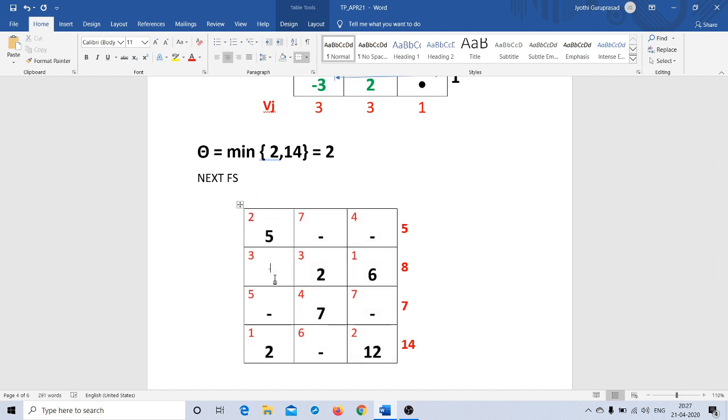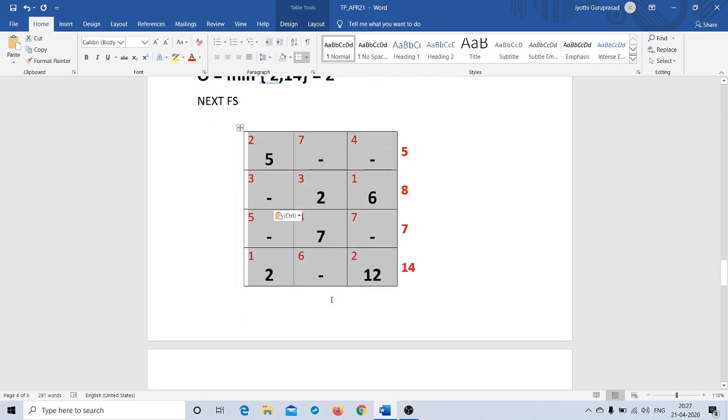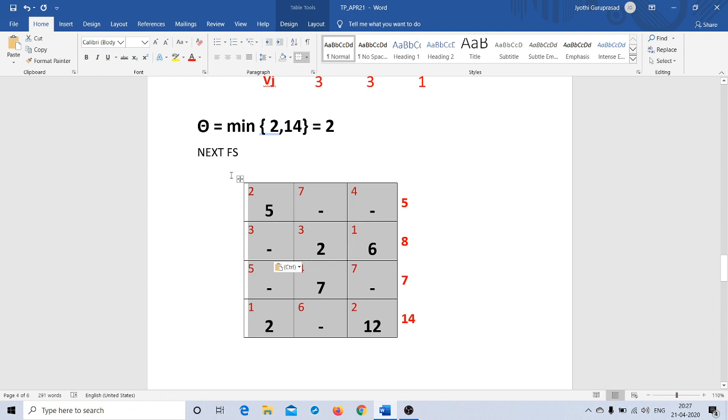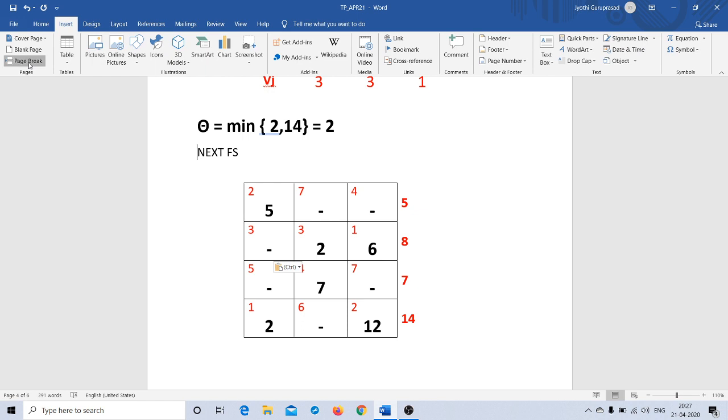Now here also you see that the total number of allocations is equal to 6, which is equal to m plus n minus 1. Let me see what my next feasible solution is.